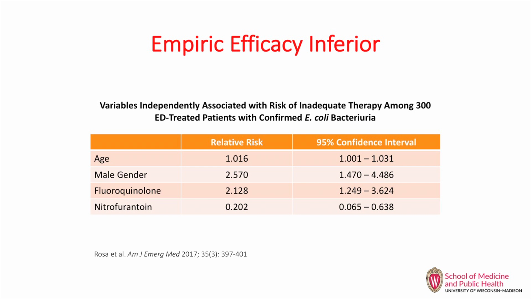You got a urine culture, started an antibiotic empirically, and then followed up on the culture results. Giving a quinolone was one of the highest risk factors for having a bug-drug mismatch, and that's because of the high rates of quinolone resistance in nursing homes. But giving nitrofurantoin empirically had a protective effect, very low risk of bug-drug mismatch.